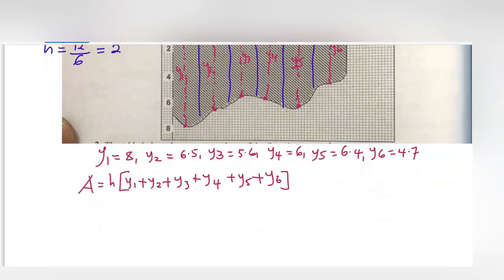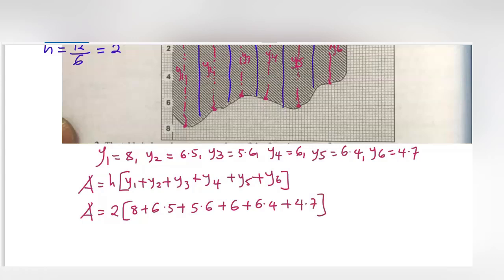We substitute, and therefore our area will be equal to, our height is 2 into y1 is 8 plus y2 is 6.5 plus y3, which is 5.6 plus y4, which is 6 plus y5, which is 6.4, and lastly plus y6, which is 4.7.